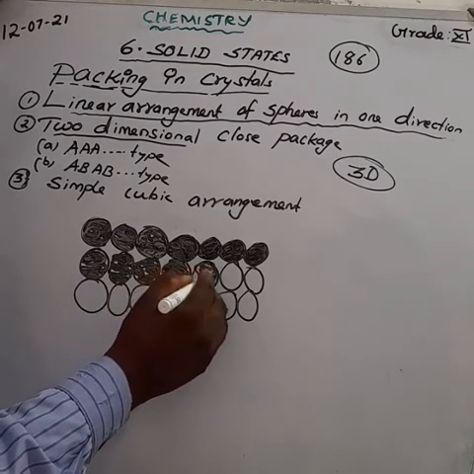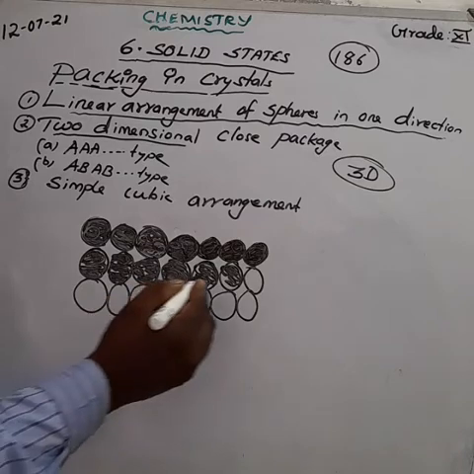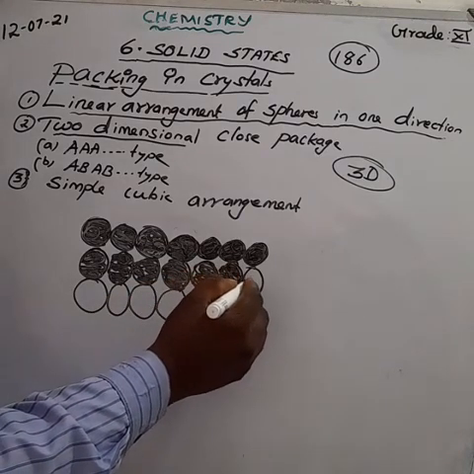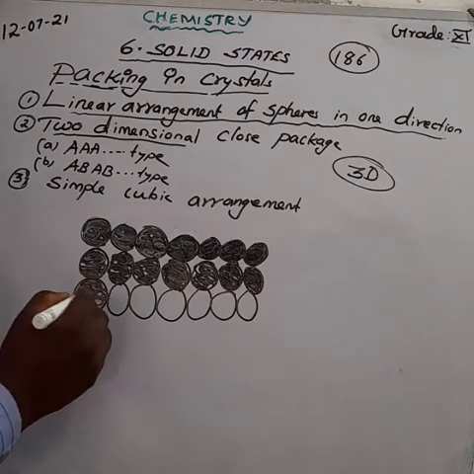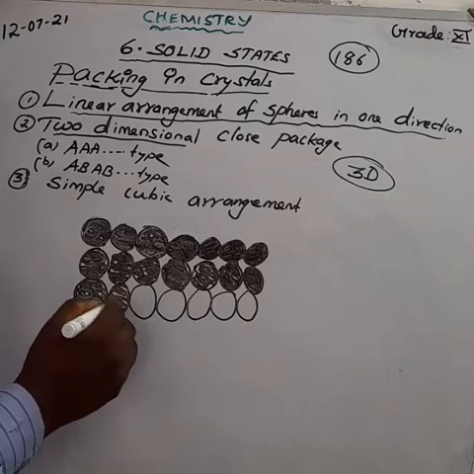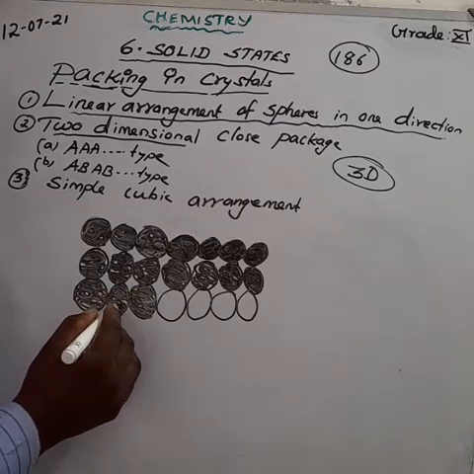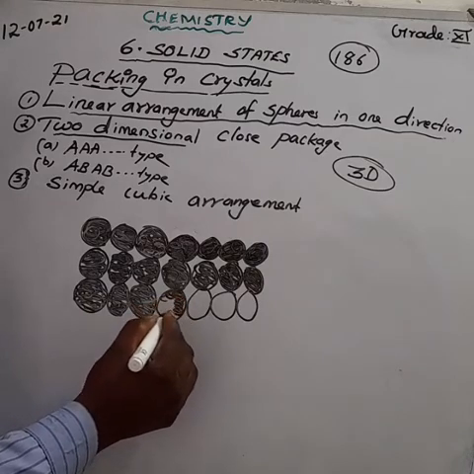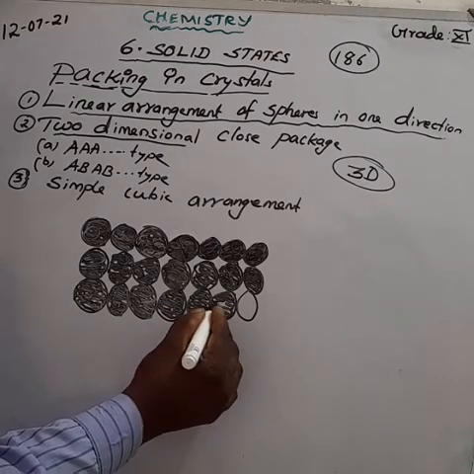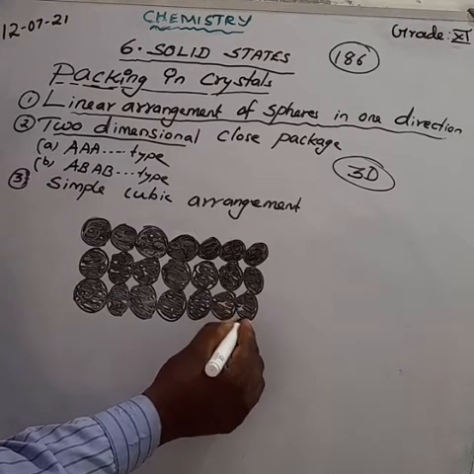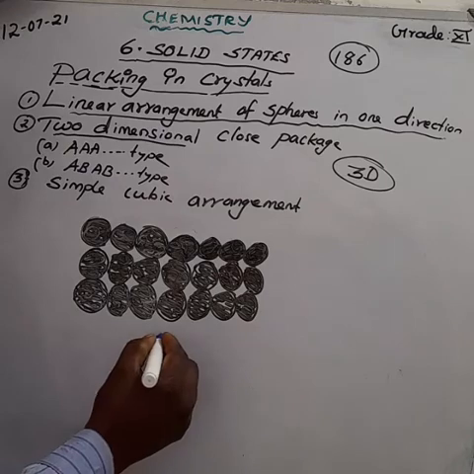One more diagram I am going to draw. Each sphere must be in a straight line, so that one sphere touches the other sphere, and you have to try it in such a way. For the center one, you have to give a different color to identify which spheres are the neighboring spheres.